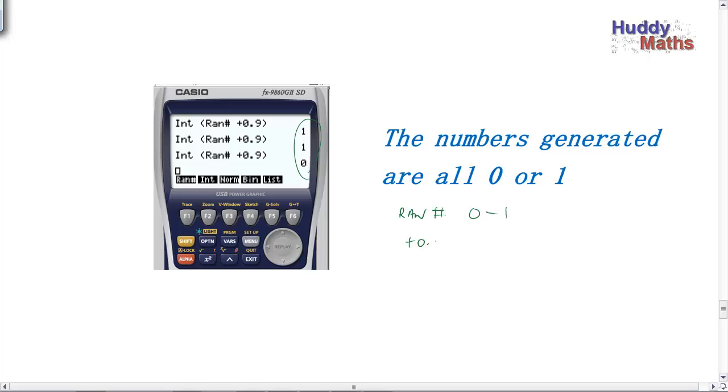Now we're going to add 0.9, so we're going to generate numbers strictly between 0.9 and 1.9. And then we're going to do int on that. So what would 0.9 go to? That would go to 0, and 1.9 would go to 1.